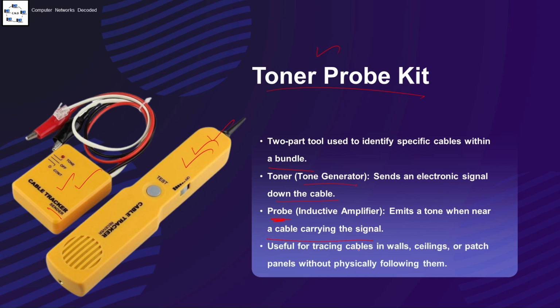So it is useful for tracing cables in walls, ceilings, or patch panels without physically following them. So I hope you get the point. So you send signals through this device by attaching a cable to it, and then you go with this device, you press this button, and then it will show where the strongest signal is.